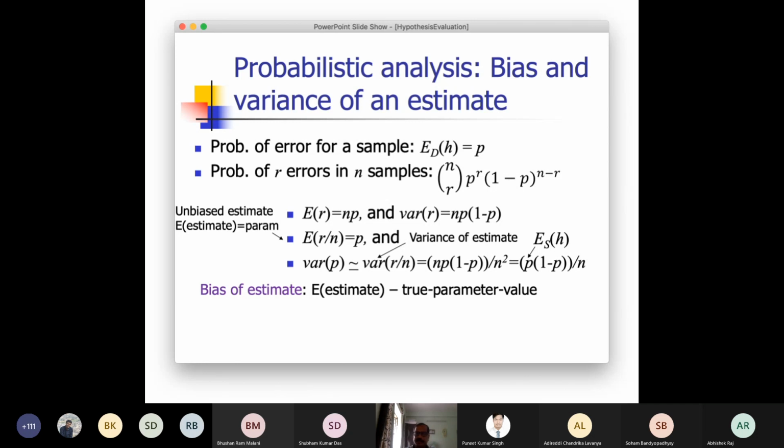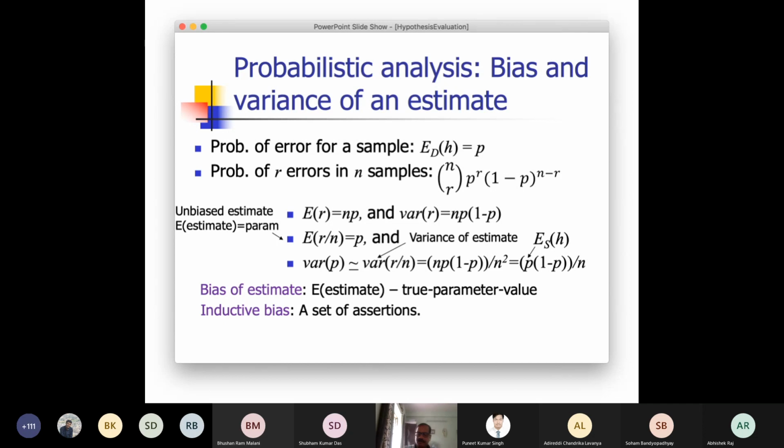Your true parameter value is p, and the expectation of your estimate, r by n, is also p. So there is no bias in your estimation, but you have a variance, which is p into 1 minus p by n, and you can use r by n for that.